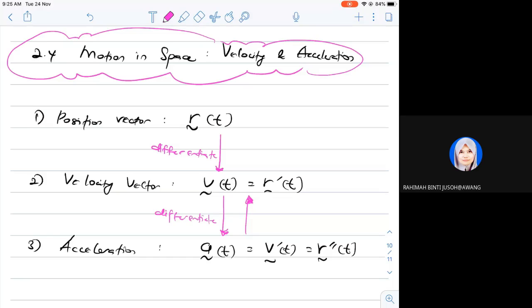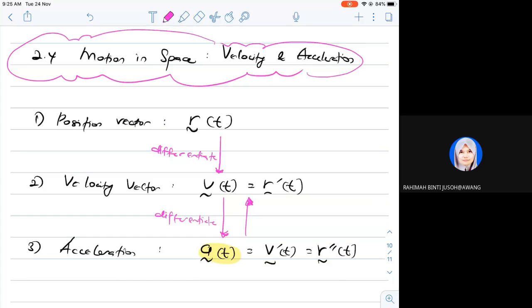You are given a(t), and the question asks you to find the velocity. So what you should do, guys? Integration. Yes, integral. Okay, good. We have to integrate. So the process from bottom to top, integrate.